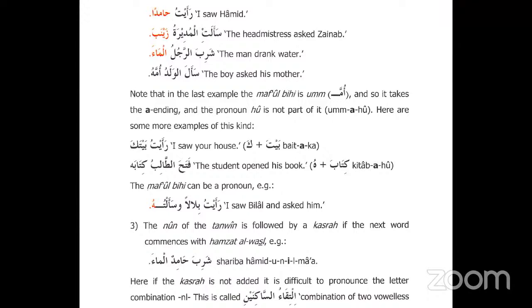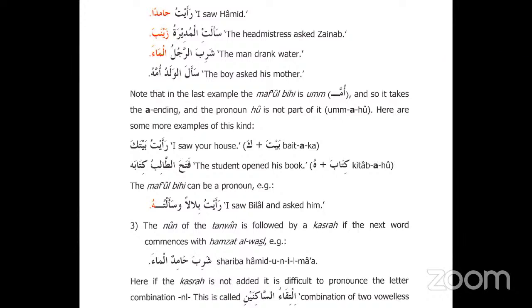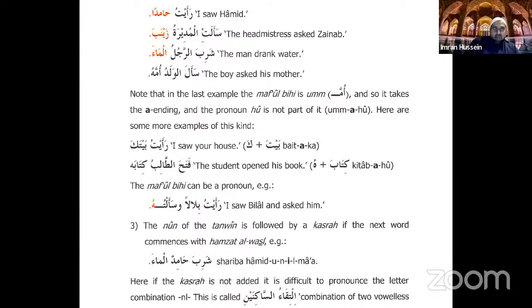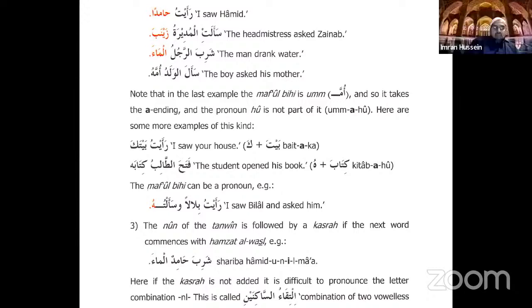Who performed the action of seeing, and what did he see? Ra'aytu, I saw Hamid. Correct. So Ra'aytu, ana, I am the doer, and what I saw is Hamid, so it gets a fatha tanween. So it's mafulun bihi, right? Correct. Next one.